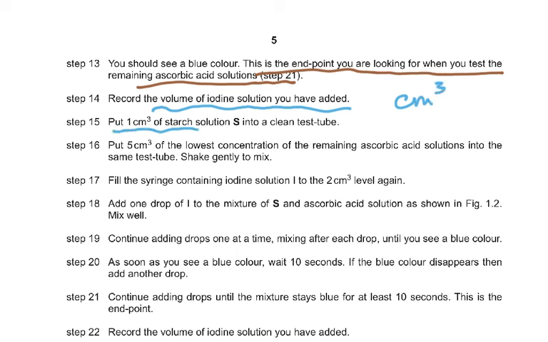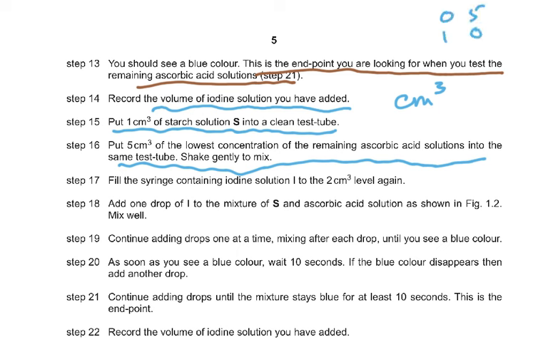Then you put 1 centimeter of starch solution S in a clean test tube, and then you put 5 centimeter of the lowest concentration of the remaining ascorbic acid solution into the same test tube. Now remember it was 0.5, 1.0, 1.5 and 2.0. So this was the lowest concentration, 0.5.